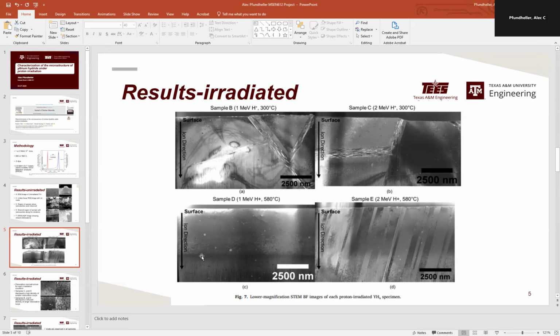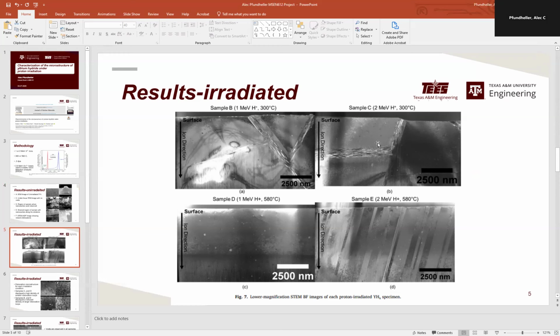This is the injected helium that was done before and after the irradiation. So all of these analyses are going to be taken way below this. This is to show the surface of the sample of the hydrogen retention.